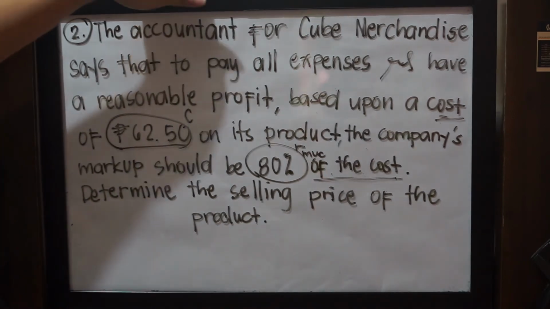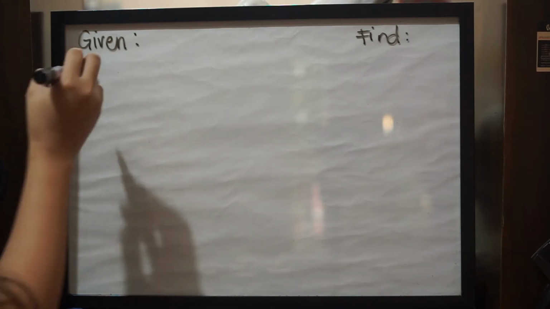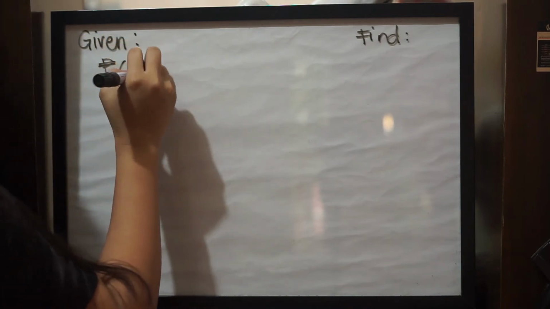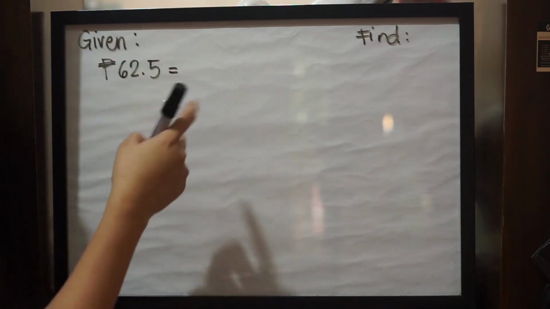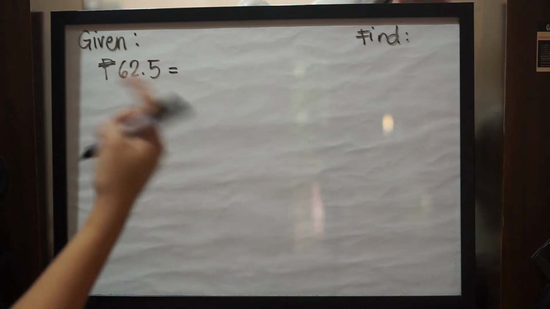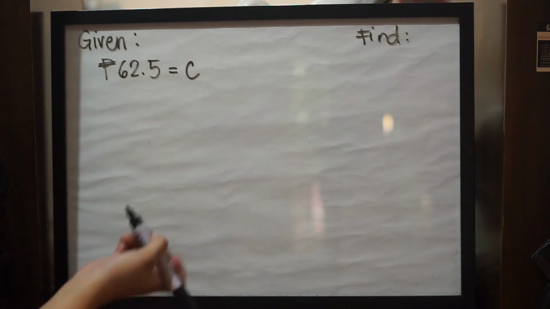So, let's write it clearly using the format that we have: the given, the find, and the solution. For the given, the first value that we have is 62.50, the same as 62.5. Based on our analysis earlier, the 62.5 is the cost.